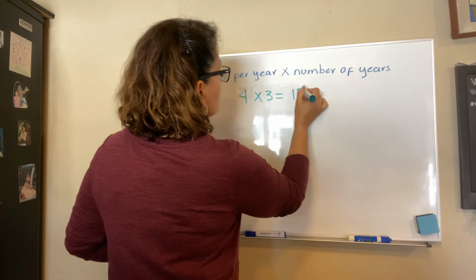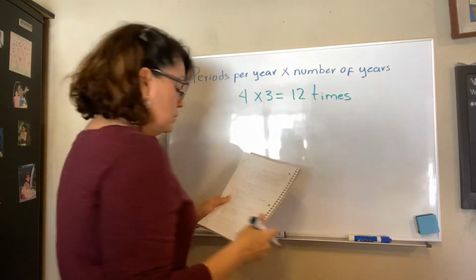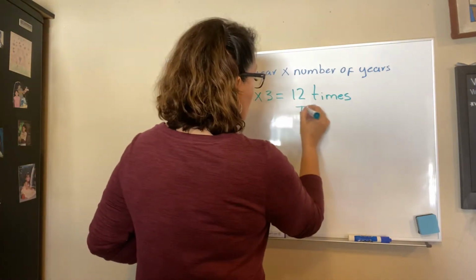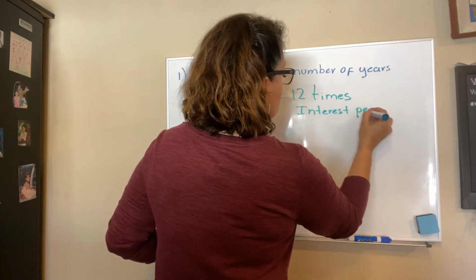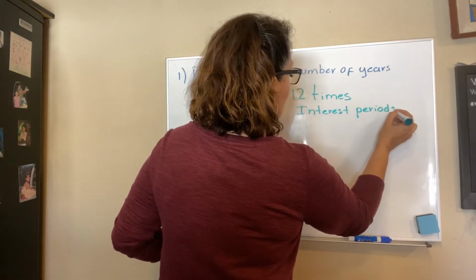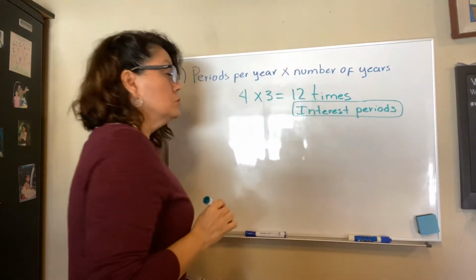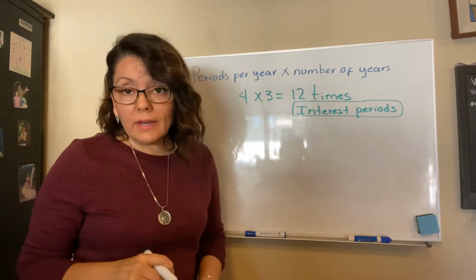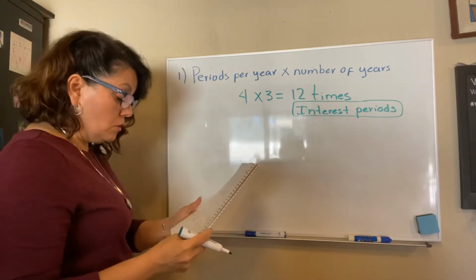So this person is going to have 12 periods. We call them interest periods, okay? And we're going to need the number 12 to find it in the table. Lucky for you guys, I'm already going to give it to you, but it's important for you guys to know.